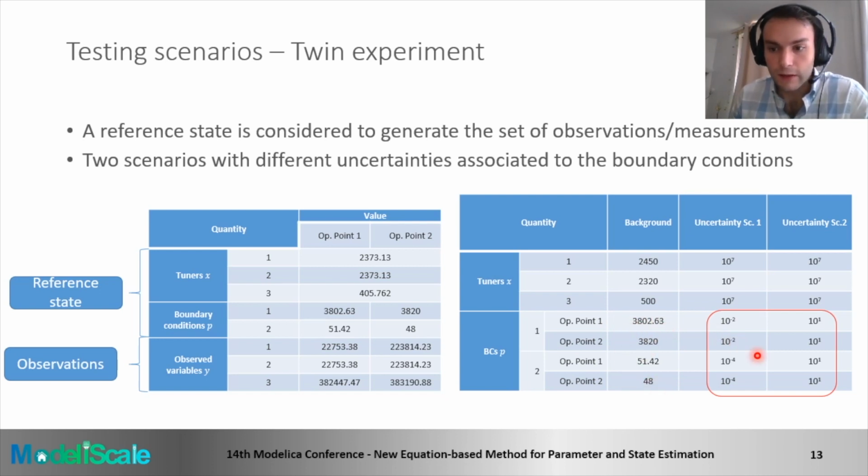In one case, we give very low uncertainty, so in scenario 1 we are pretty confident in the value, and for scenario 2 we are not as confident, so the uncertainty is higher. These are the values that appear in the covariance matrices.